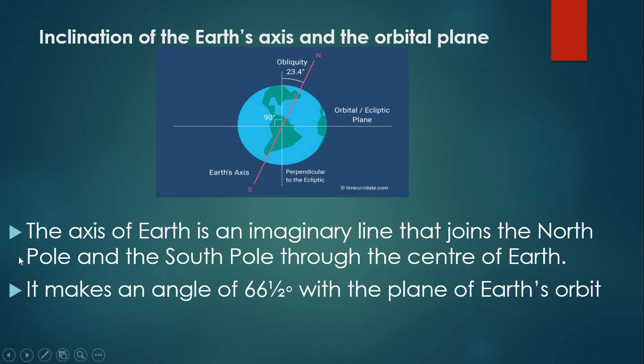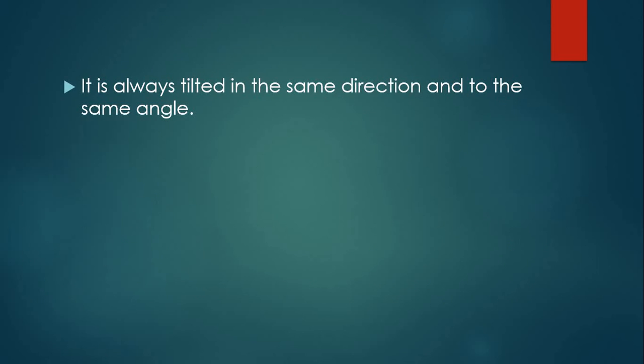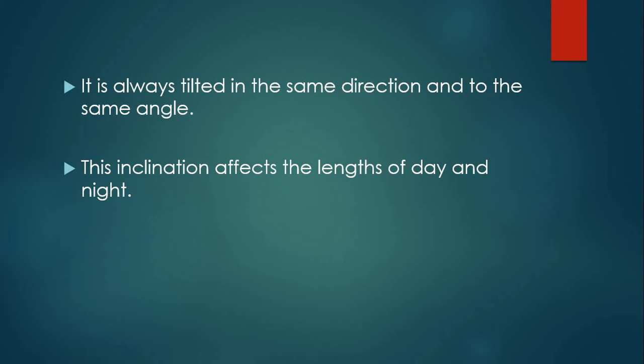The earth's axis is an imaginary line that joins the North Pole and South Pole through the center of the earth. It makes an angle of 66.5 degree with the plane of Earth's orbit. It is always tilted in the same direction and to the same angle. This inclination affects the lengths of day and night.